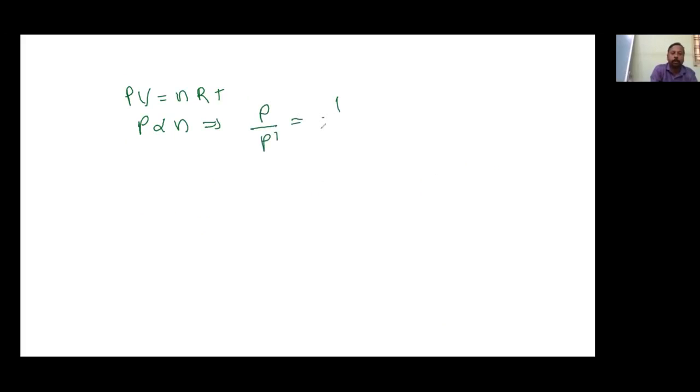Initially 1 mole; now the moles are 2T2 by T1 plus 2T2, which is the final moles. Now the final pressure P dash, on cross multiplying, is P into 2T2 by T1 plus 2T2. So this is our final P dash.